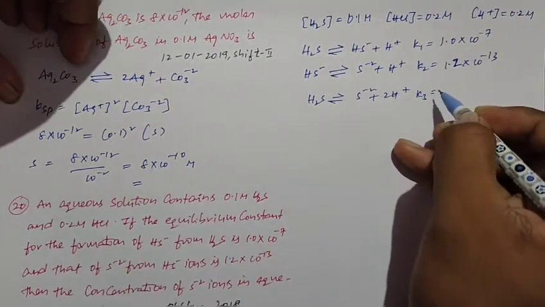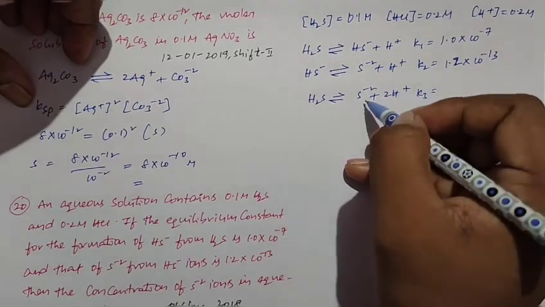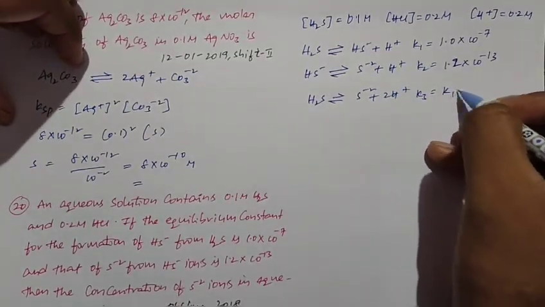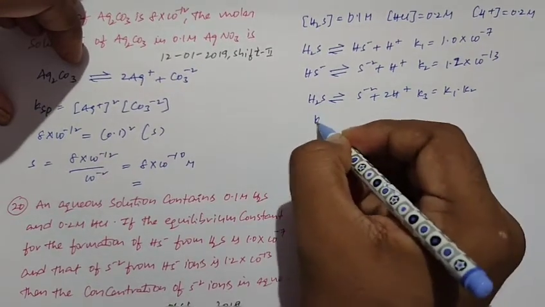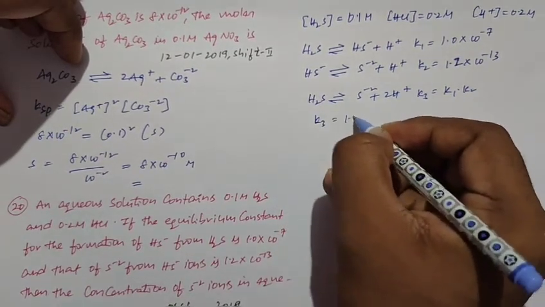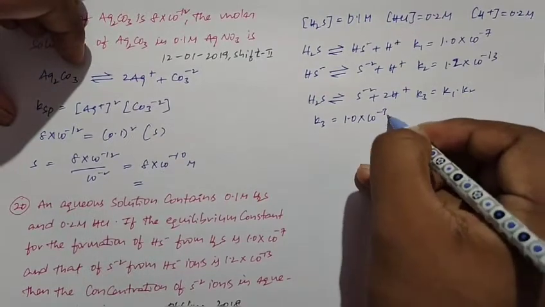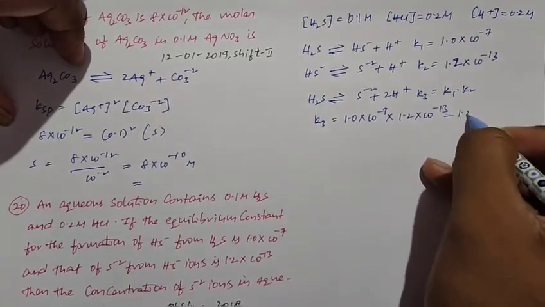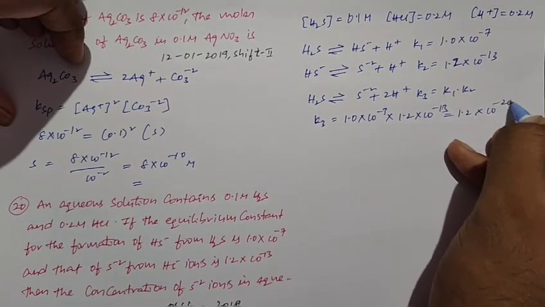Here the equilibrium constant is taken as K3. So this equation we get from the above two equations. Then K3 is equal to K1 into K2. That implies K3 is equal to 1.0 into 10 power minus 7 into 1.2 into 10 power minus 13, resulting in 1.2 into 10 power minus 20.